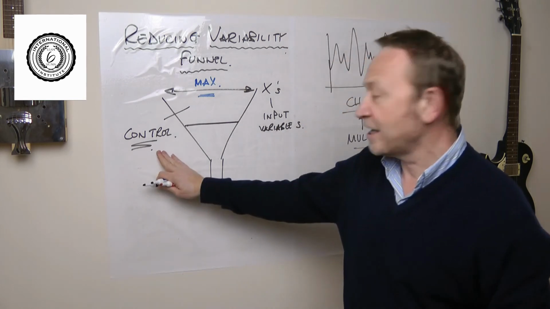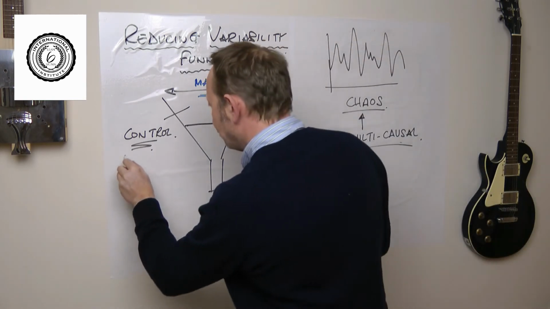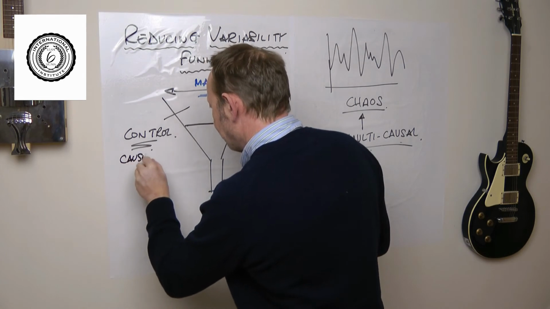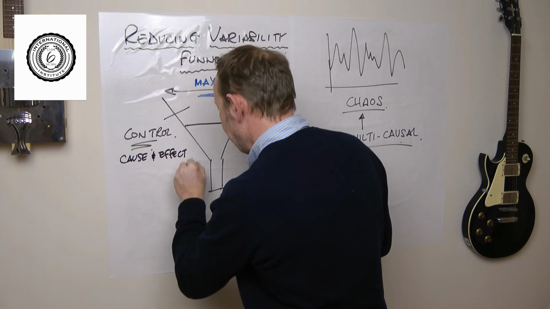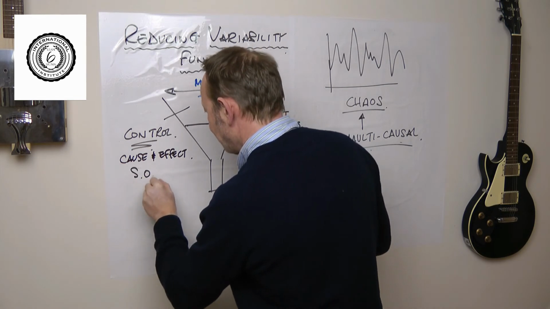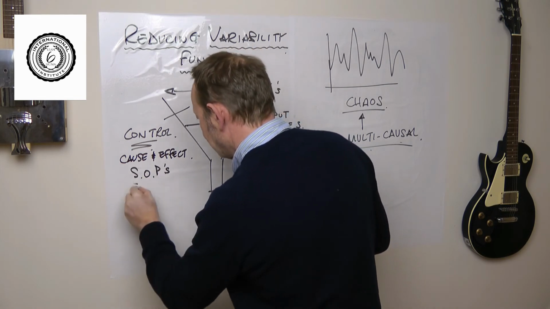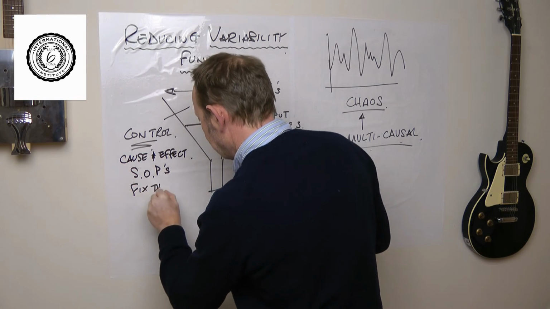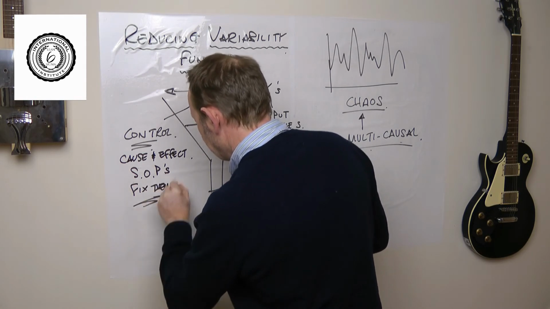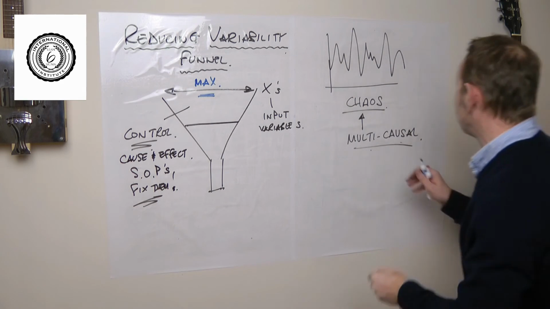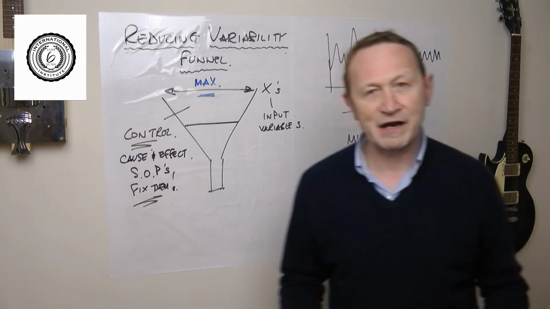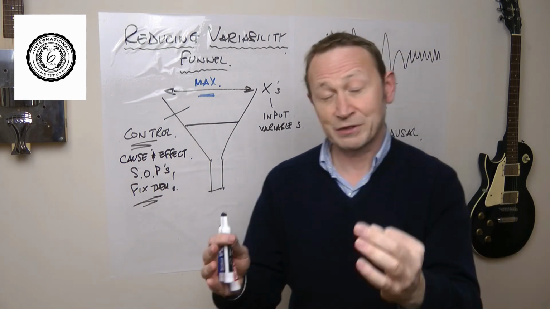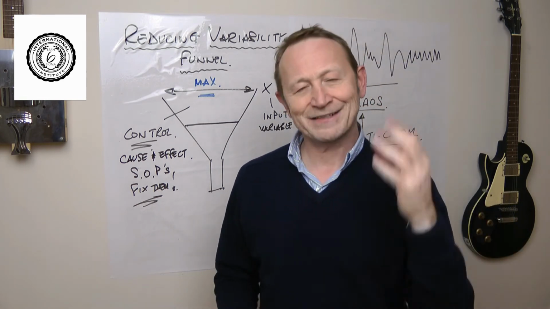Now the way to get this under control is to use cause and effect to identify them, and then to put standard operating procedures in to fix them. What this will do is very quickly reduce the variability, make your process much easier to understand. That is step one.